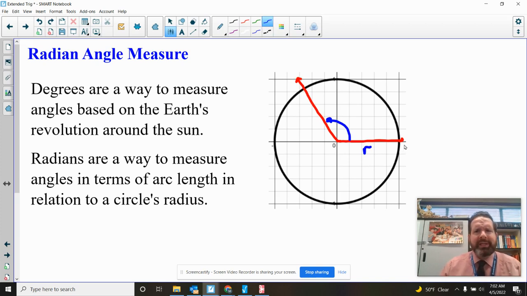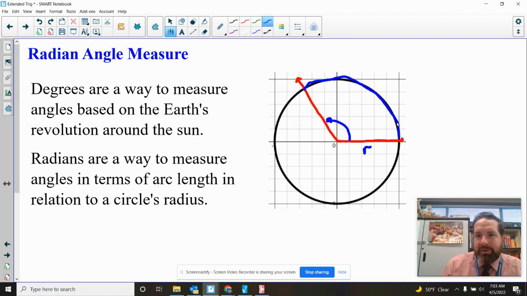What we're going to do is define the angle based on how much of the circumference of the circle is between my initial side and my terminal side. And more specifically, we're going to count how many radius lengths, so this length right here, there are along this angle that we've made.